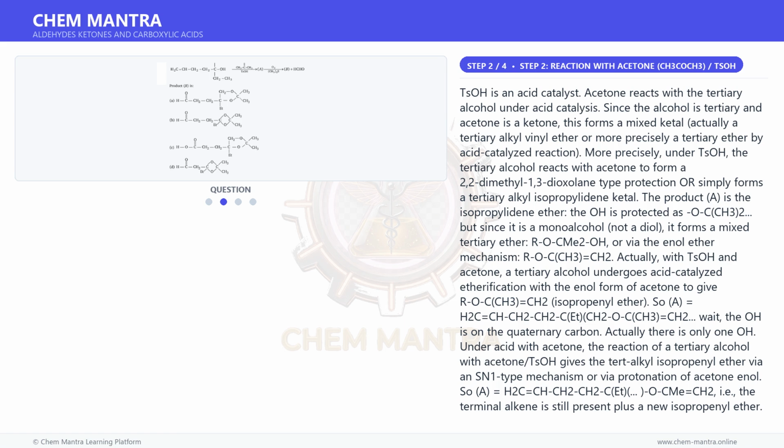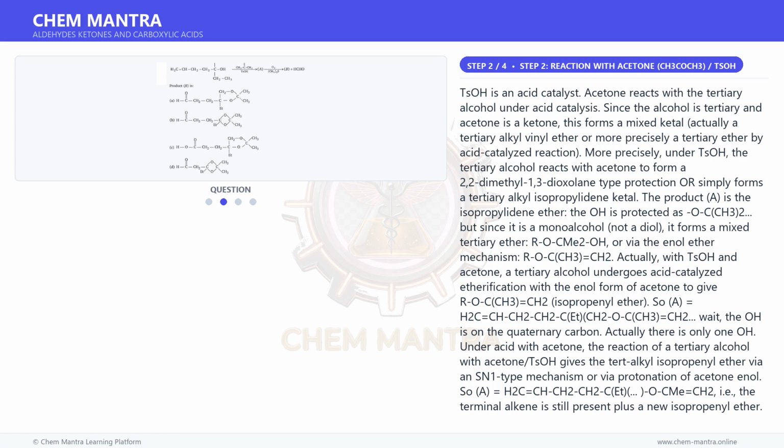Actually, with TsOH and acetone, a tertiary alcohol undergoes acid-catalyzed etherification with the enol form of acetone to give ROC(CH3)=CH2, isopropenyl ether.